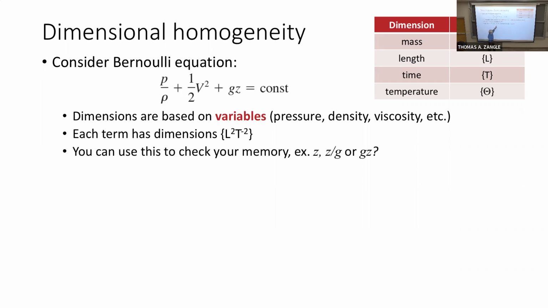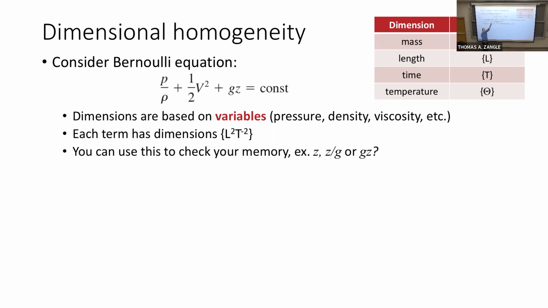One thing we hit on this, but I just want to reiterate now that we've had some more practice with dimensional homogeneity and dimensions. If you're trying to remember the Bernoulli equation, and you get to this last term, GZ, and you forget, is it GZ or Z over G, or what exactly? What does that term look like?